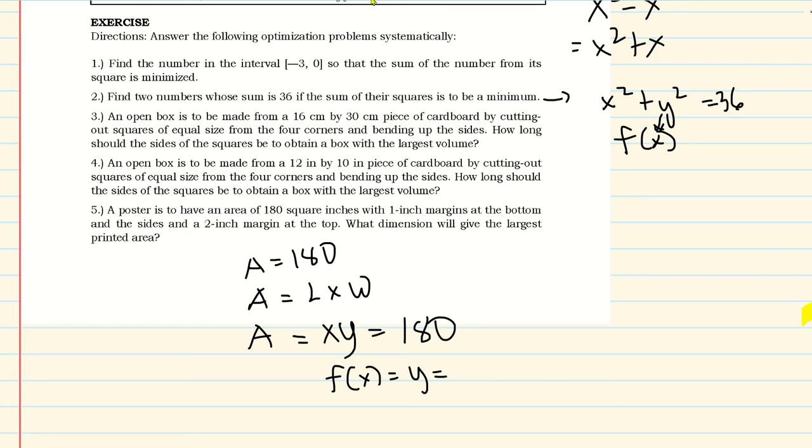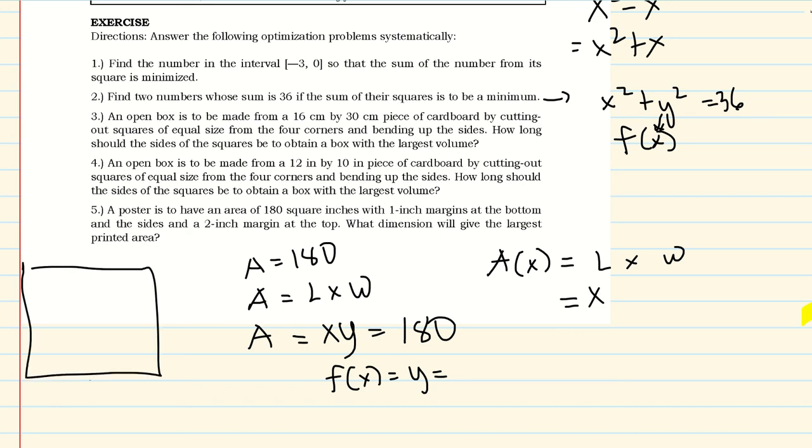And then you have y, and the next area will be length times width, but with x with how many margins. You're going to know what you will be using as x and y, because the poster has margins like this, and this margin is 2, and this is just 1.